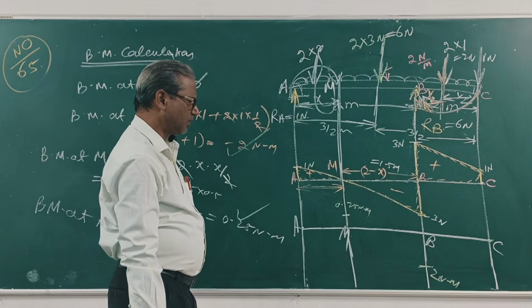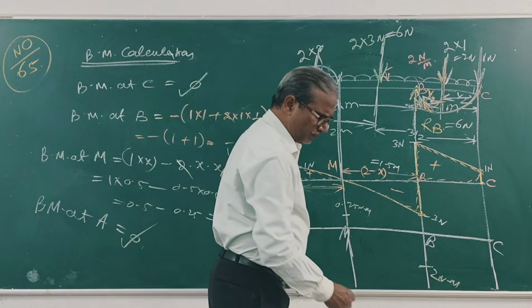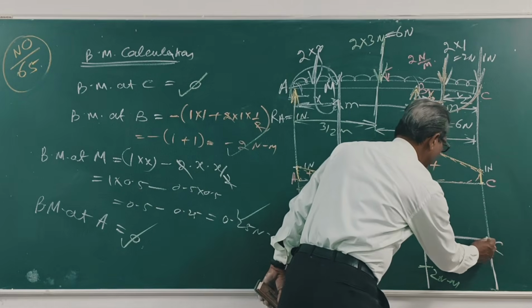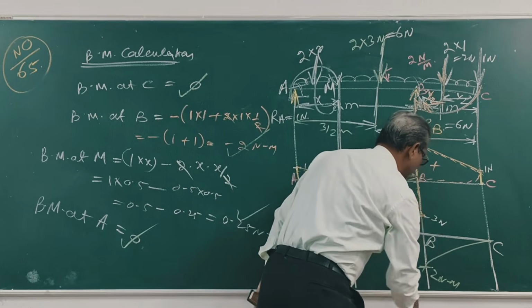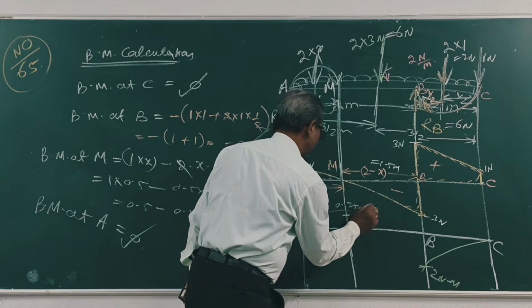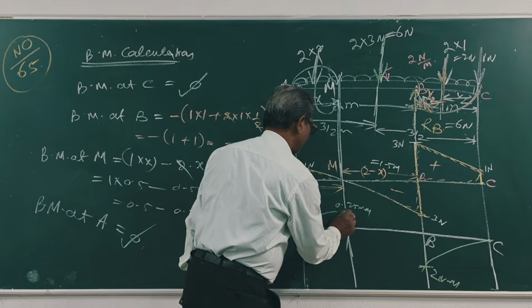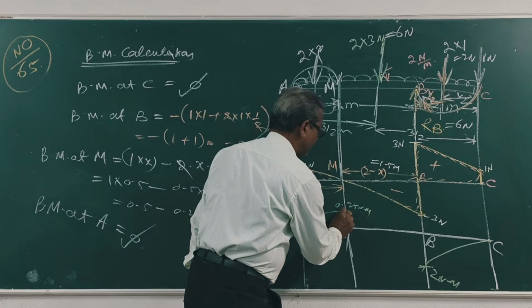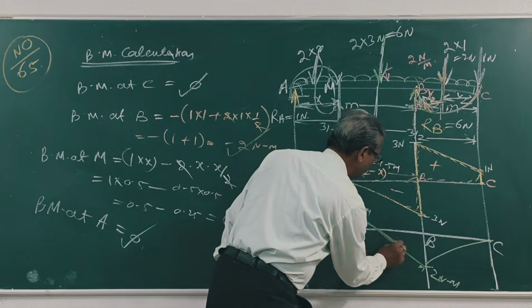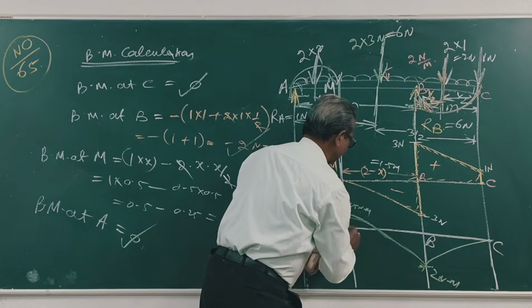Right? So first we'll draw the bending moment diagram. This is B to C. This is A to M. All are parabolic.